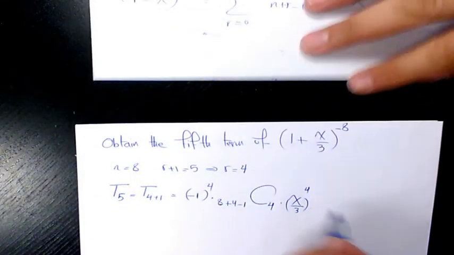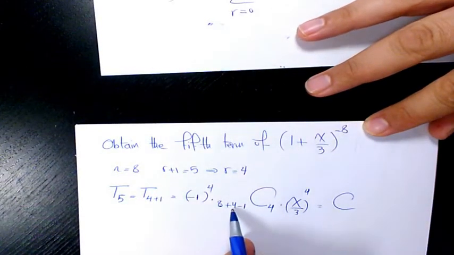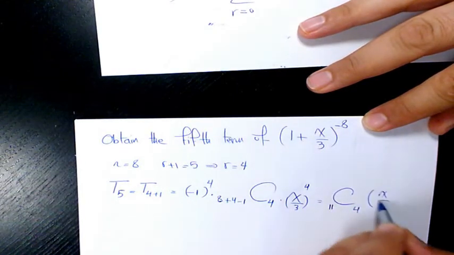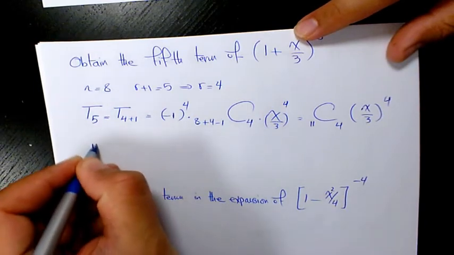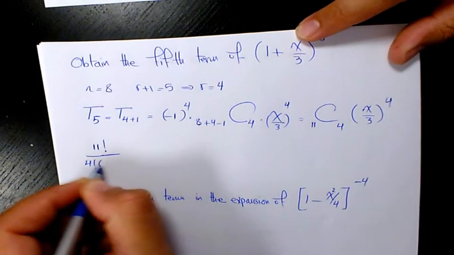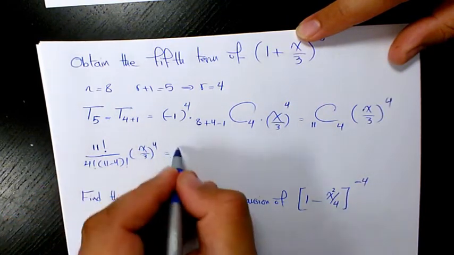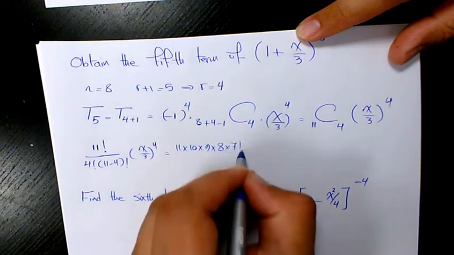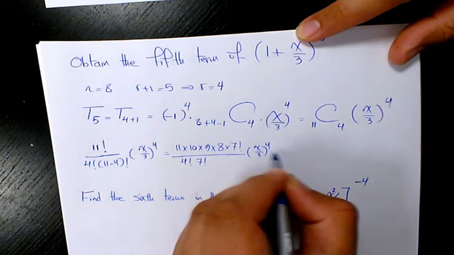Negative 1 to the power of 4 is 1, so forget about it. 8 plus 4 is 12, minus 1 is 11, C4, x over 3 to the power of 4. That's going to be 11 factorial over 4 factorial times (11 minus 4) factorial, x over 3 to the power of 4. That's 11 times 10 times 9 times 8 times 7 factorial over 4 factorial times 7 factorial, x over 3 to the power of 4.